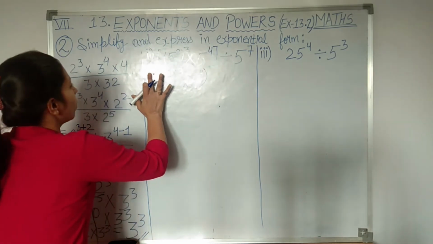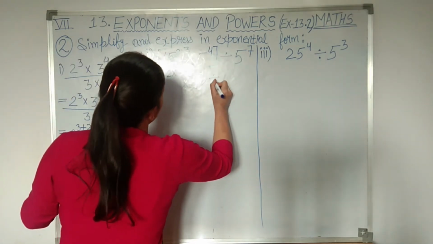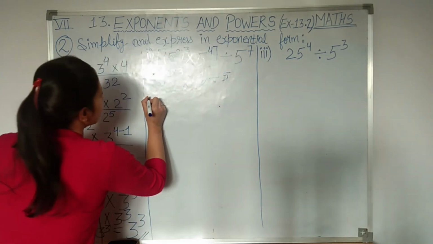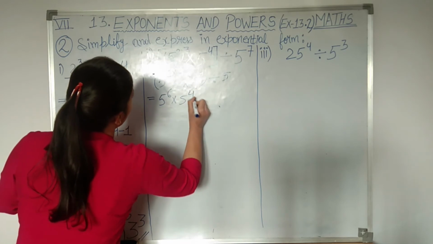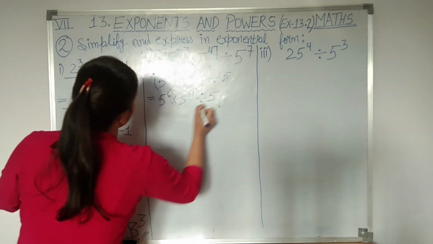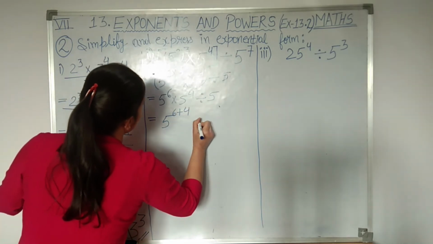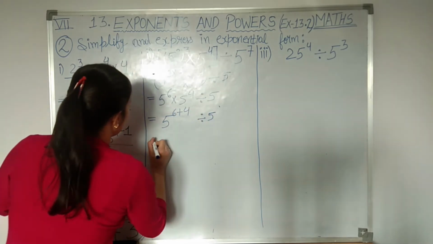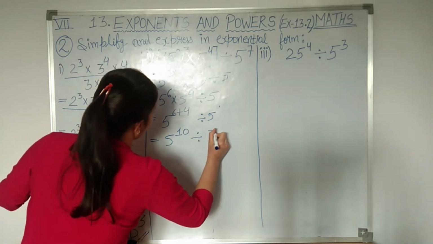Now I can put the simple bracket as I have opened that bracket, then divided by 5. Got it, students? Now solve this. 5 raised to the power 6 into 5 raised to the power 4 divided by 5, then 5 raised to 6 plus 4 divided by 5, 5 raised to 10 divided by 5.